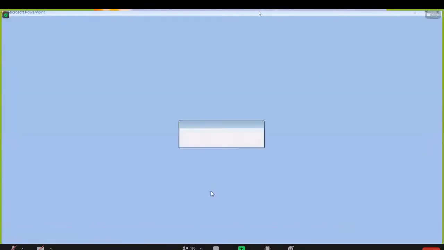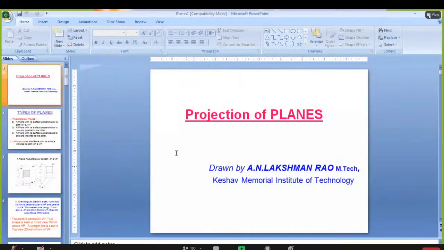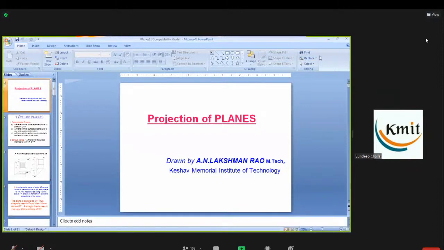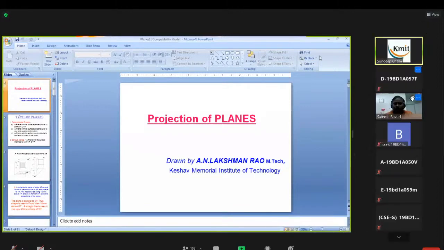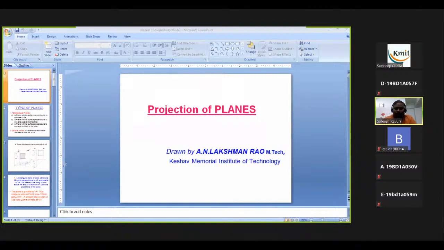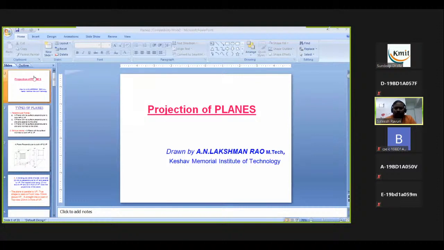Sir, once you start sharing the screen, you will get it in security. No, no. Right now, annotation is disabled, sir. Okay.